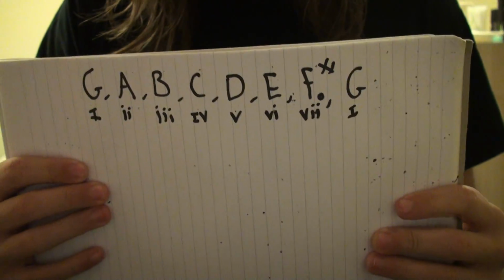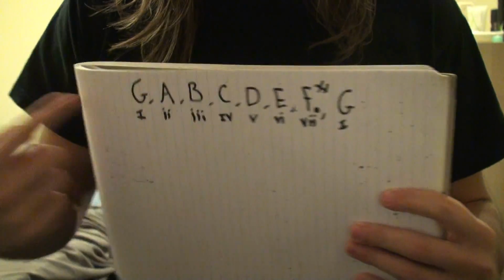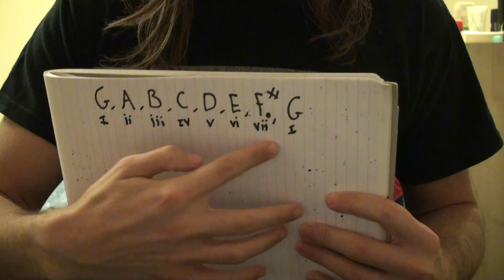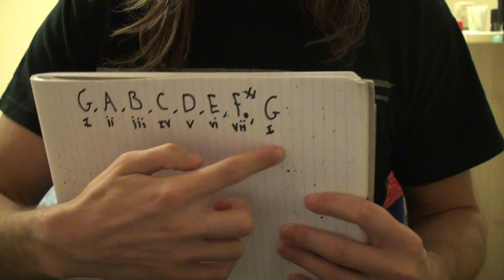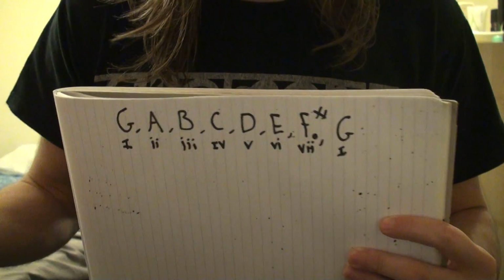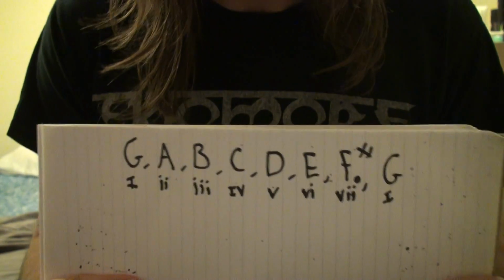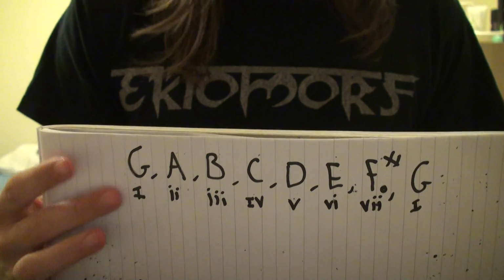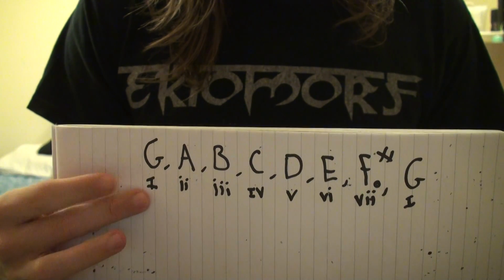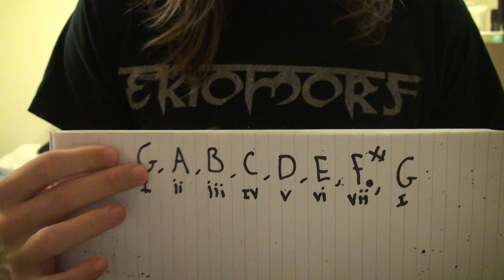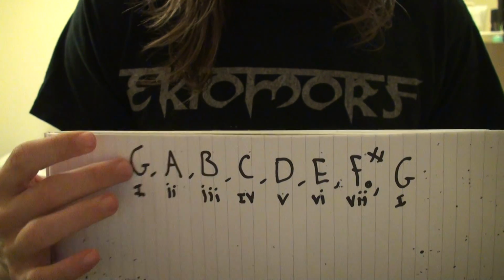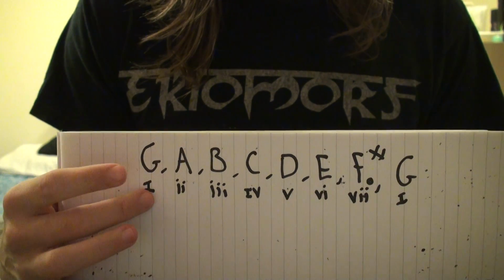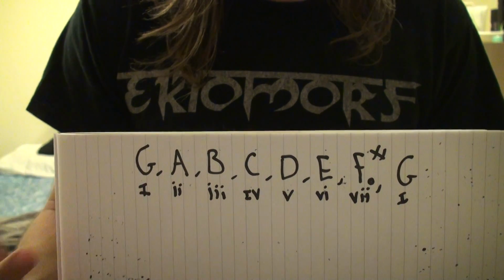Okay, so now I've written out the G major scale, with those same Roman numerals and the same intervals below it. So you would do the exact same thing again, right? You can see here that the G's triad chord is a major chord because it has a capitalized number.